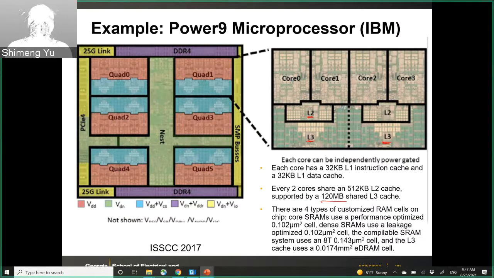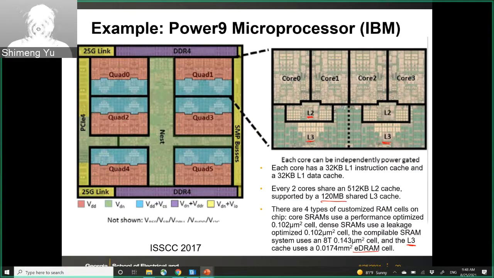And in this example, the L3 is a little bit different from the regular processor, because here the L3 uses eDRAM cells, not SRAM. So here L1 and L2 are still SRAM, but the L3 will be eDRAM cells. eDRAM is embedded DRAM. So this is a unique feature of IBM's design, because historically IBM specialized in this eDRAM technology.